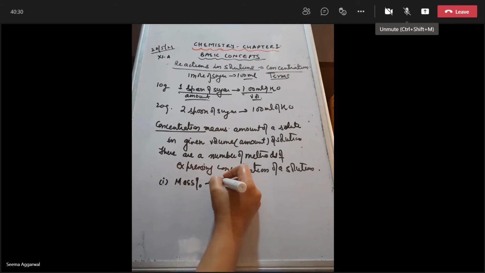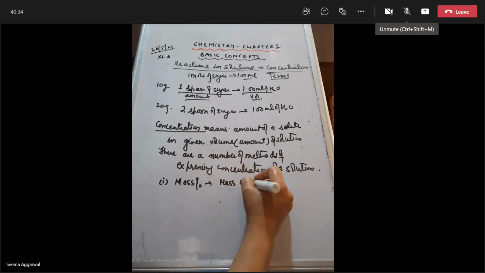So in the first, we are doing the various terms in which the concentration can be expressed. Now, the first concentration term is mass percent. Mass percent means mass of the solute. Now, percent means 100.